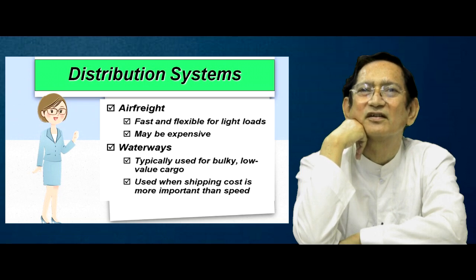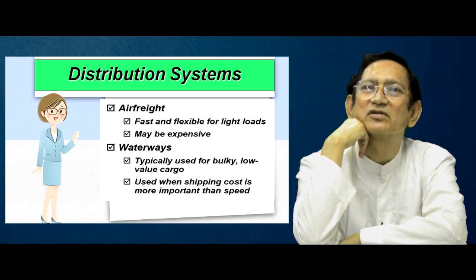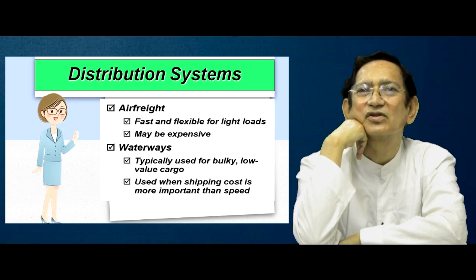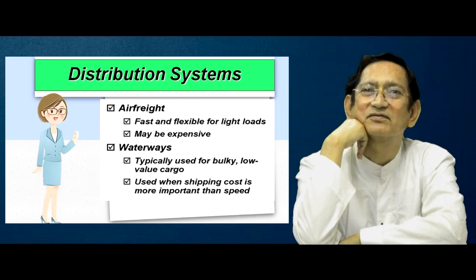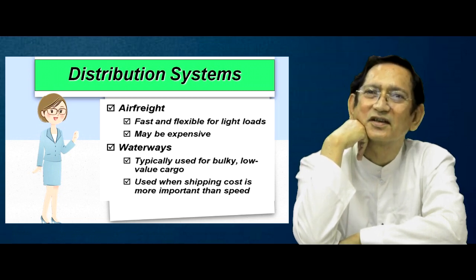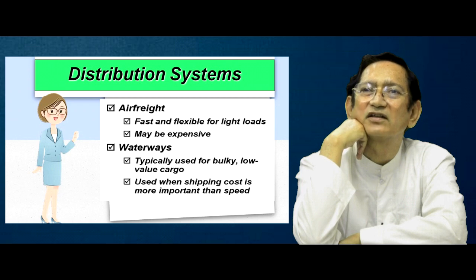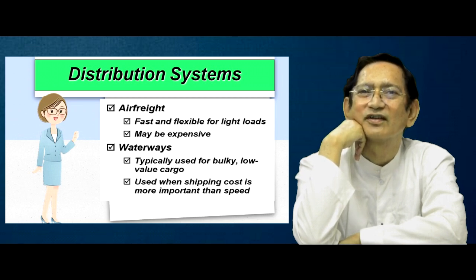Air freight, fast and flexible for light loads, may be very expensive. Waterways, typically used for bulky, low value cargoes, used when shipping cost is more important than speed.